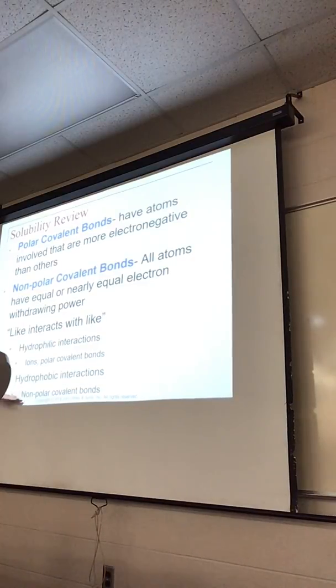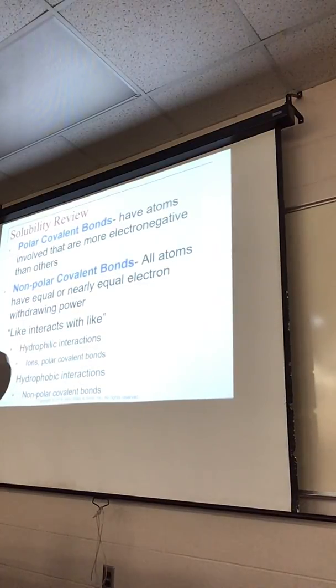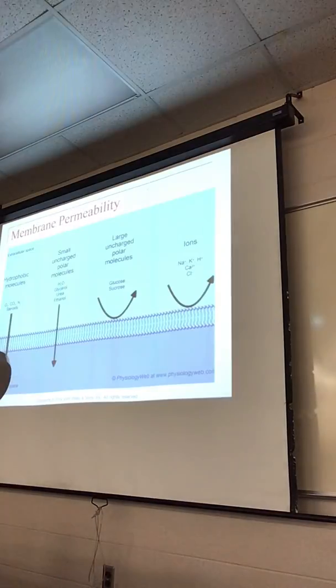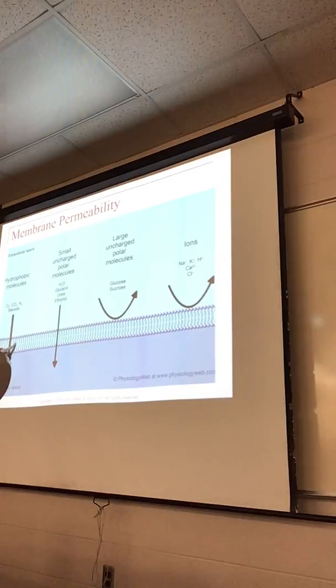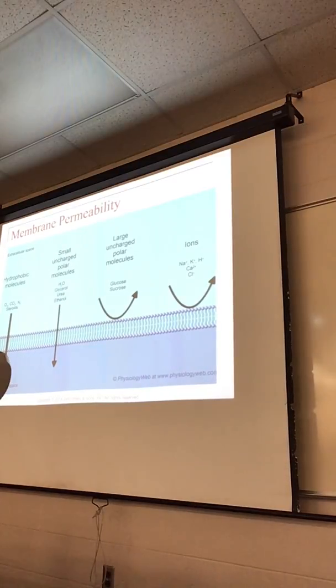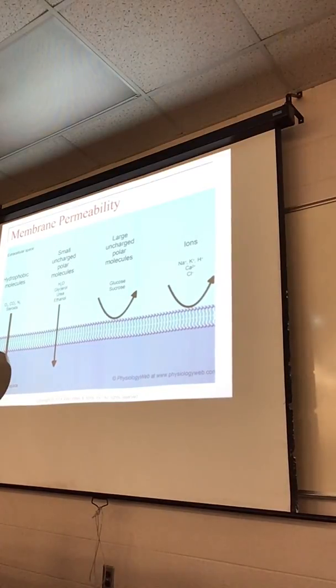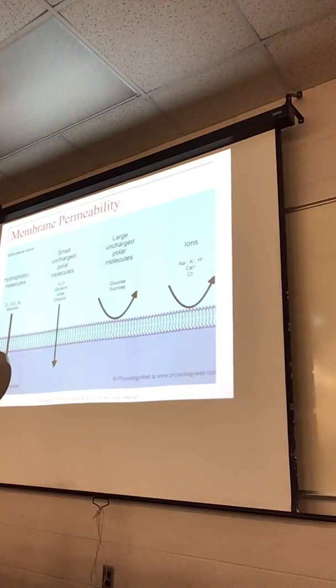Hydrophobic things interact well together. So nonpolar covalent bonds tend to interact well. So therefore, if we want something to dissolve and pass well through this plasma membrane, because they have a long span of fatty acid tails to cross, generally if they're going to pass through very easily, they also need to be nonpolar or fat soluble.